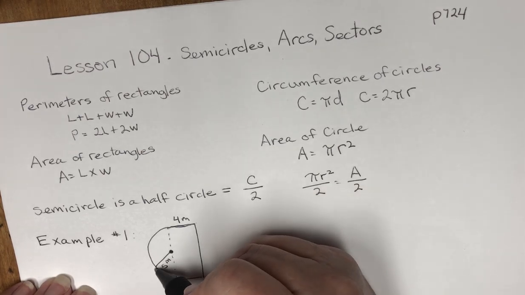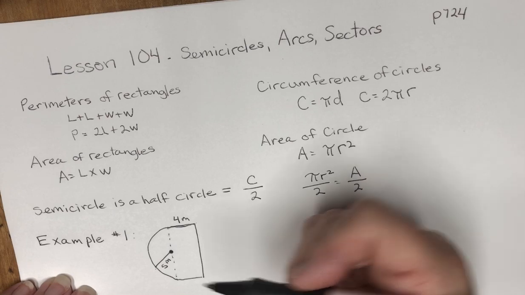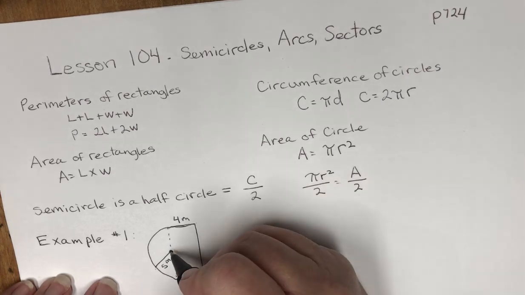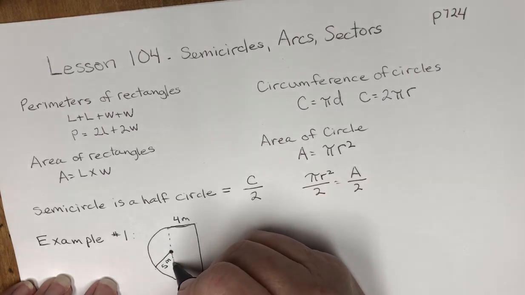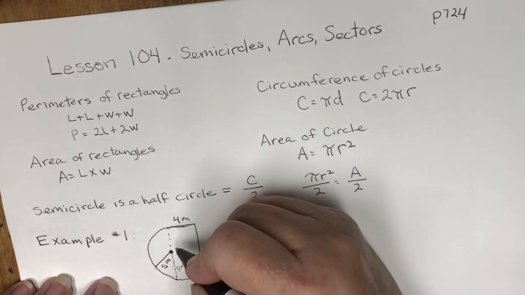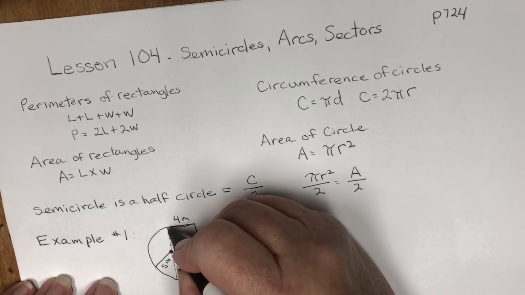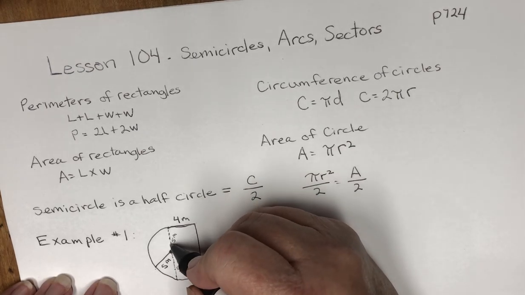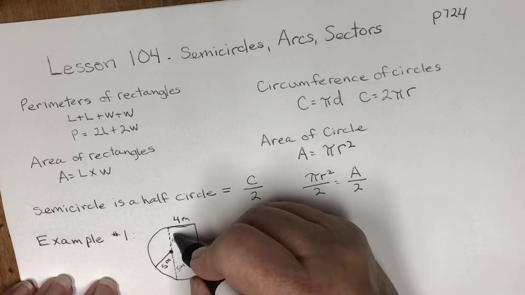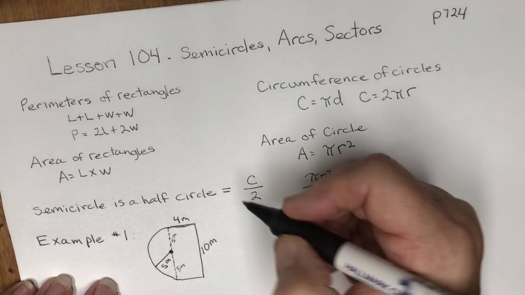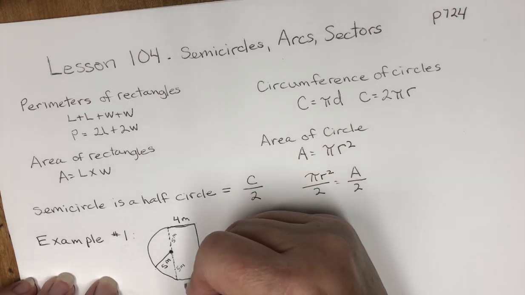semicircle, the radius is 5 meters, and we know that a radius is the same at every point in a circle. So if I were to draw in this radius right here, it would be 5 meters. And if I were to draw in this radius right here, it's also 5 meters. So now if you go the full length of this, 5 plus 5 tells us that this side of the rectangle is 10 meters long.